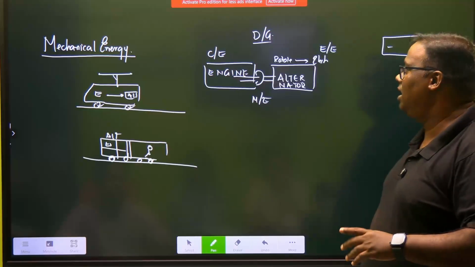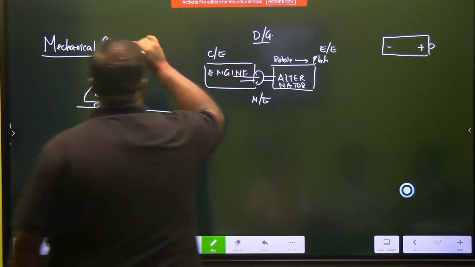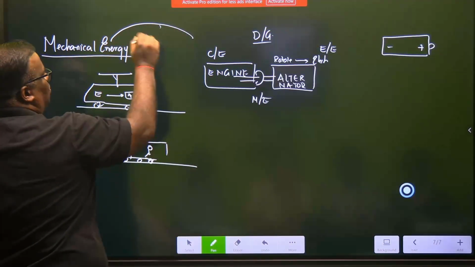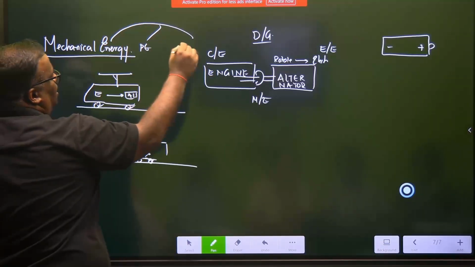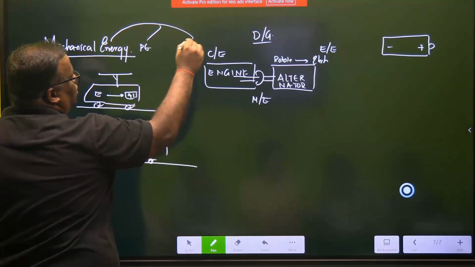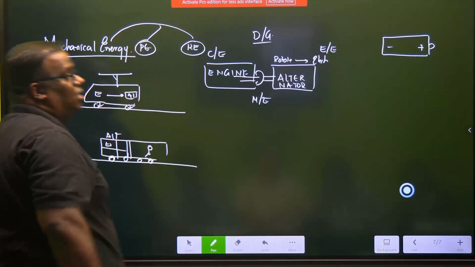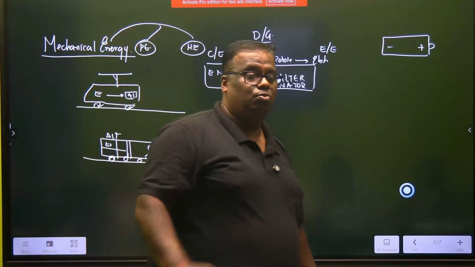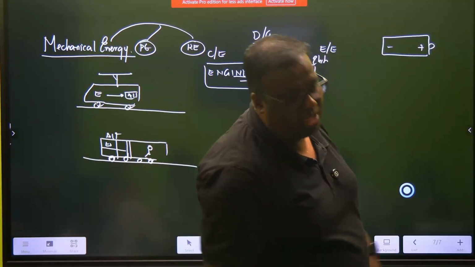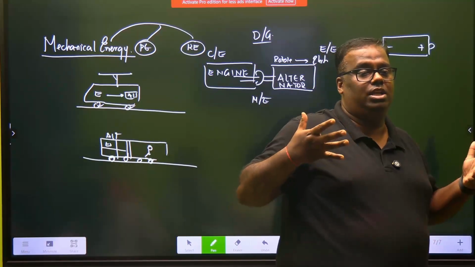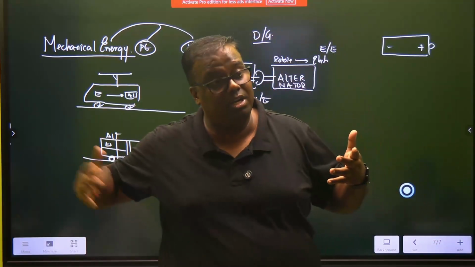In our next class, our topic in this chapter is that mechanical energy is of two forms: potential energy and kinetic energy. We need to study both these forms and derive their expressions. At the end of the day, if the energy content of a body has increased, that means work has been done on the body.